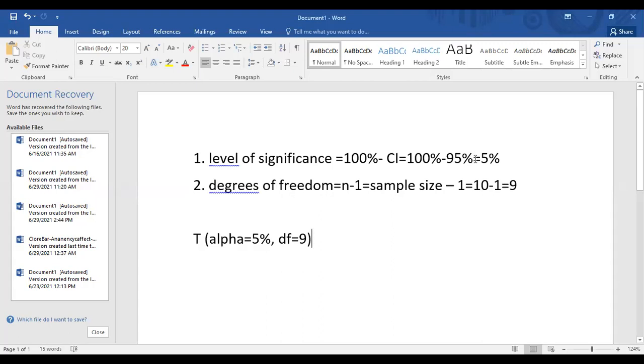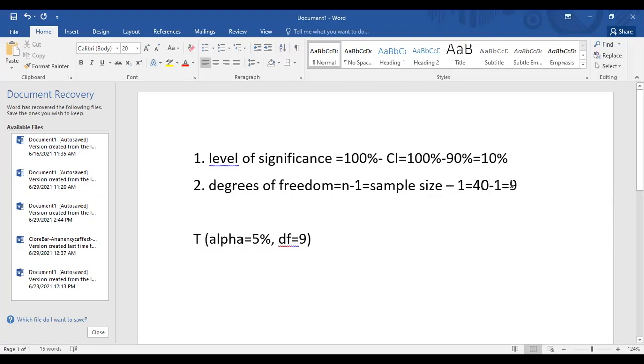Can you see my screen? Yes, sir. So what is my confidence level? 90%. So what is my level of significance here? 10%. What is my sample size here? 40.